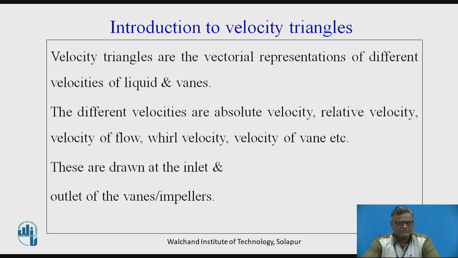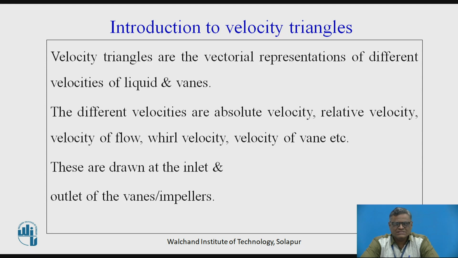Now let us first see what these velocity triangles are. Velocity triangles are the vectorial representations of different velocities of liquids and vanes. So we are going to have the velocities of two different things. One is the liquid, and the second one is the solid part, that is the vane or the blade we are having.